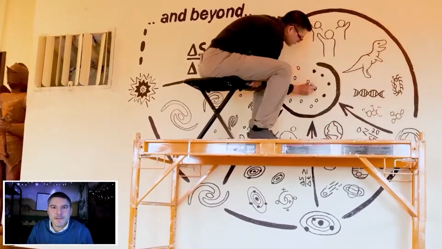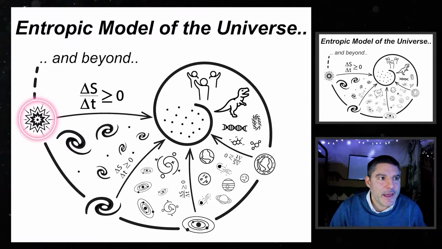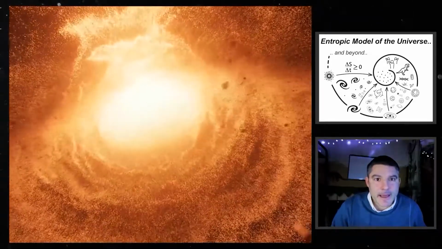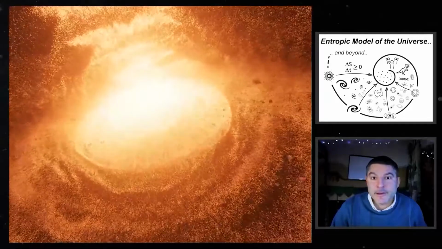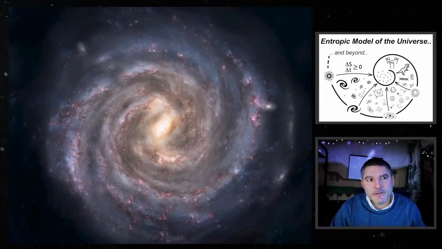I don't know. So let's start at the beginning of our own universe, about 14 billion years ago, where we had this explosion, this big bang. And 14 billion years in, we've got these trillions of galaxies. And all of that is headed towards the center there.